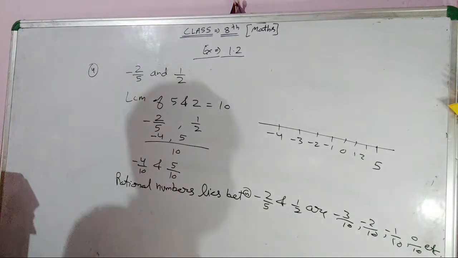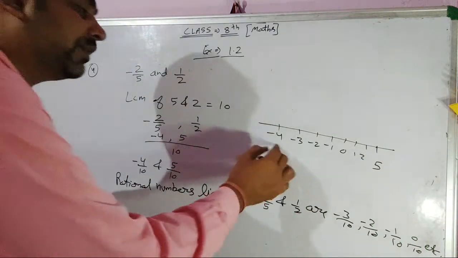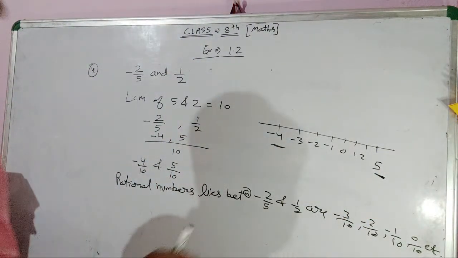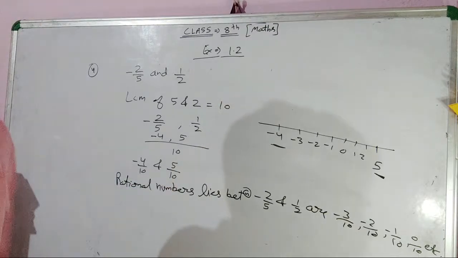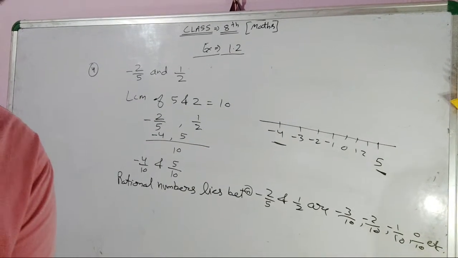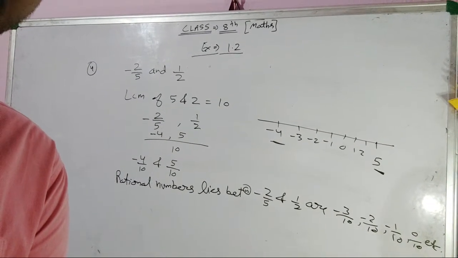Because there are infinite numbers lying between any two given numbers. So you can write infinite rational numbers between -4 by 10 and 5 by 10. So I hope you are able to find the rational number between any two given rational numbers, right?